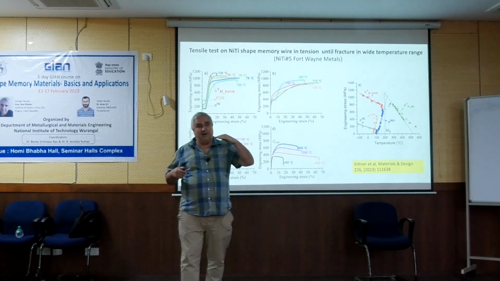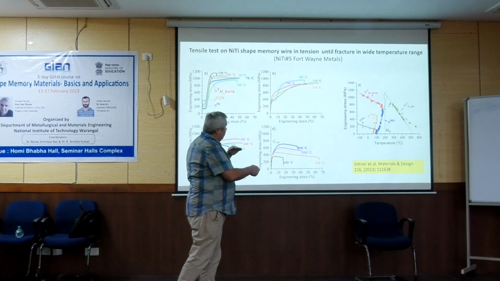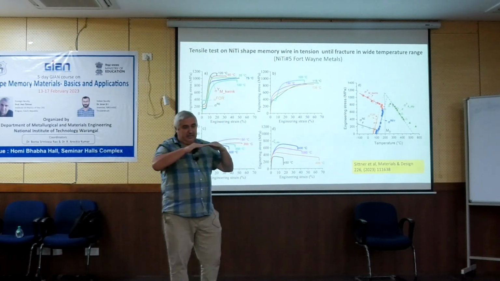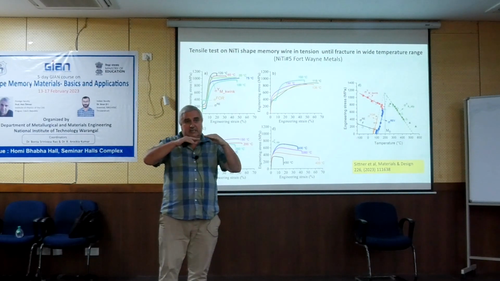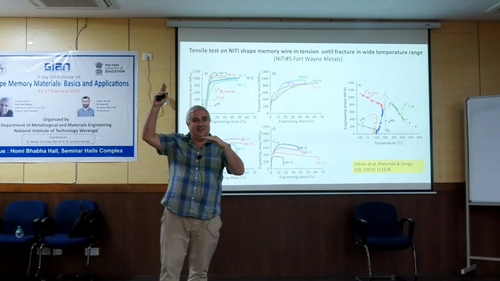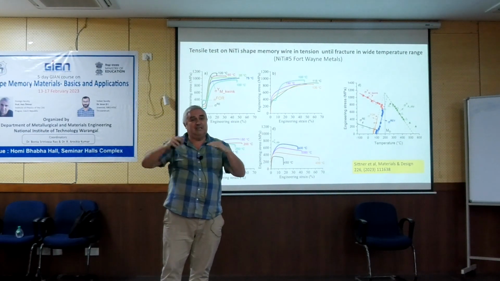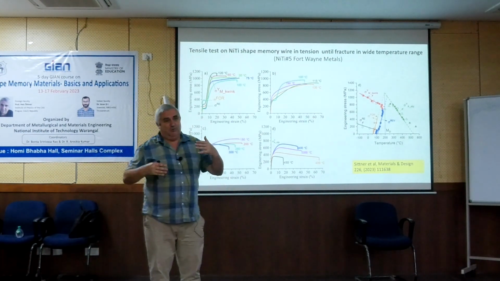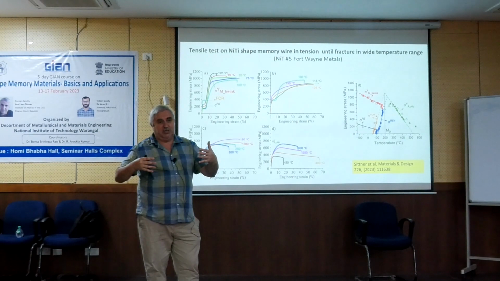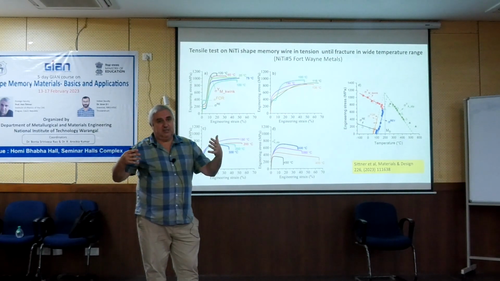So even if you are at very, very low temperatures, by heating the wire under constant stress, it will start to deform plastically up to 60%. And okay, this would not be surprising if you have thermal activation at high temperatures. This is sort of acceptable.